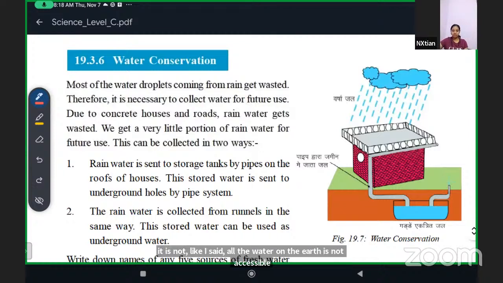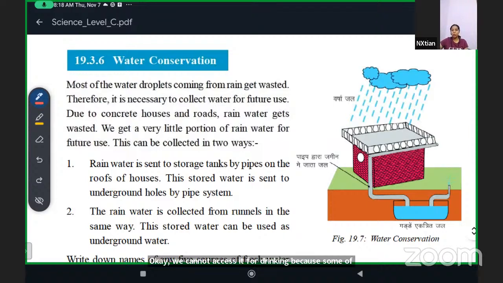We cannot access it for drinking because some of it is locked in the form of glaciers and icebergs, and in the ocean we cannot directly pull all the water out if we run out of water. We can take some, but we cannot pull out all the sea water and ocean water. So we should also conserve the water.